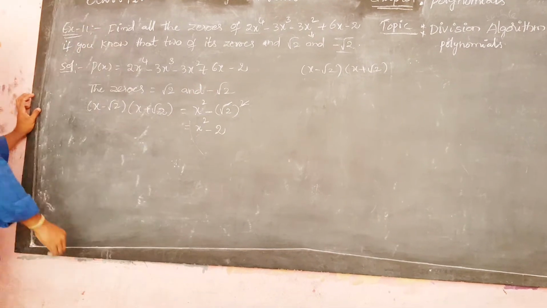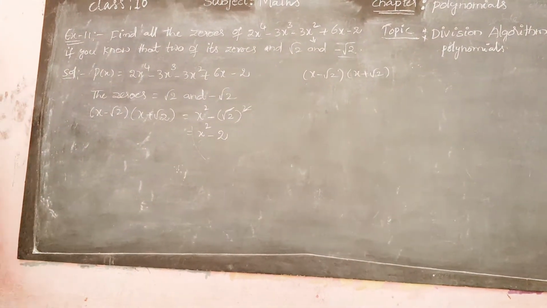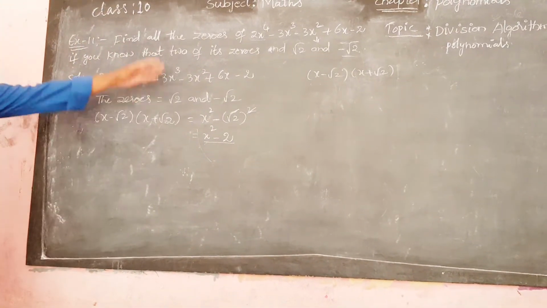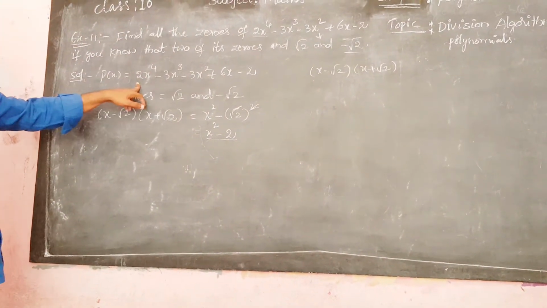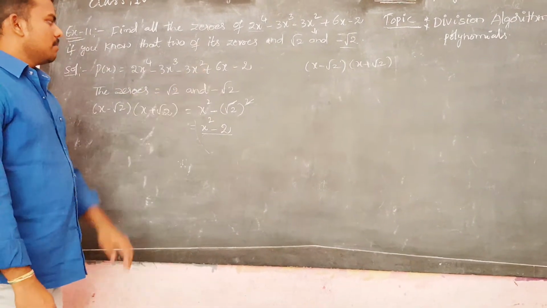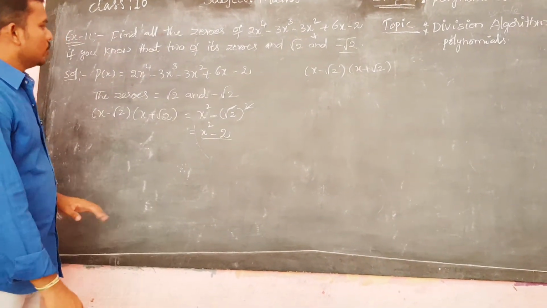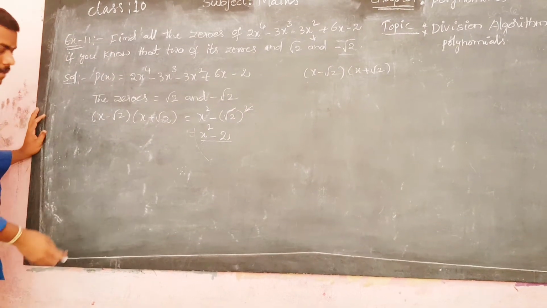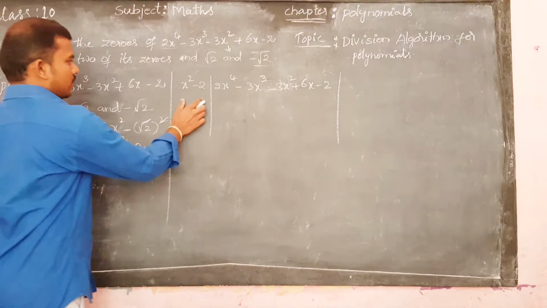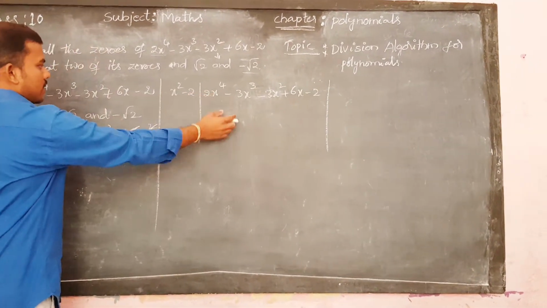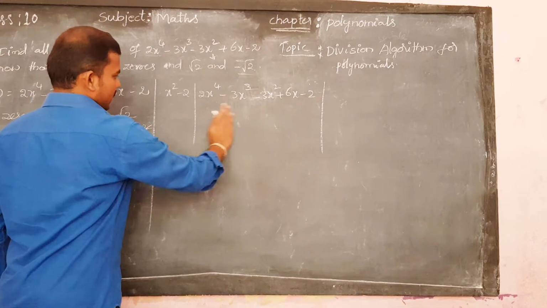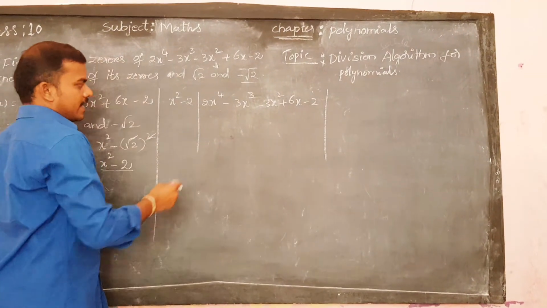So here x square minus 2 is taken as the divisor, and the polynomial 2x power 4 minus 3x cube minus 3x square plus 6x minus 2 is taken as the dividend.